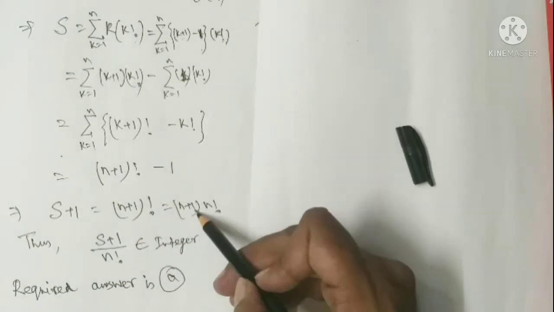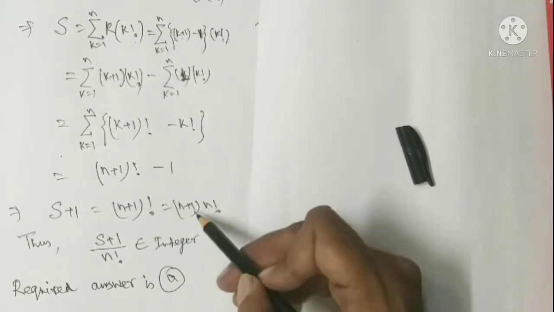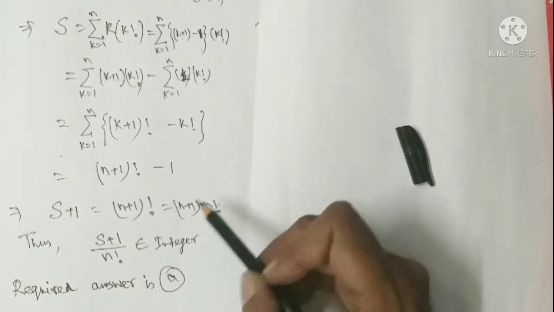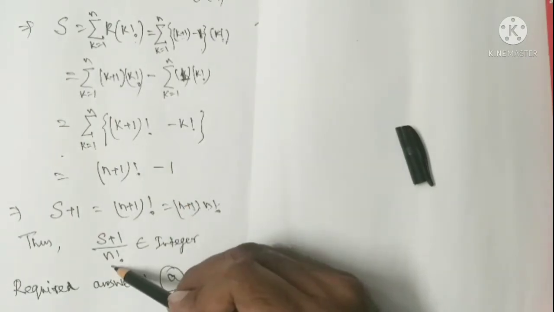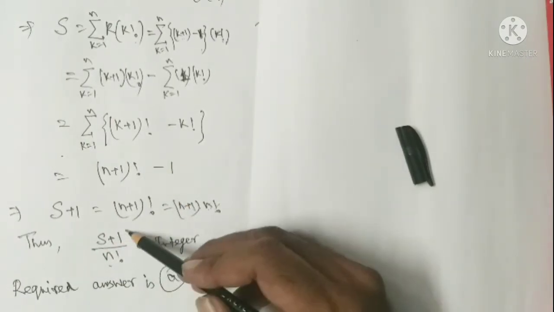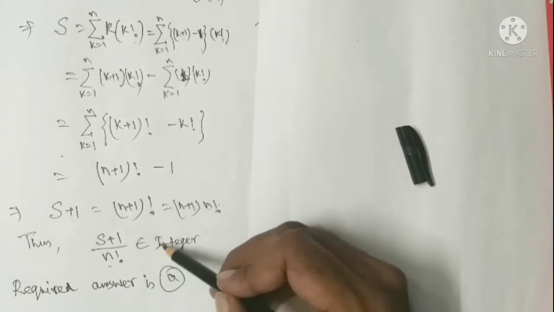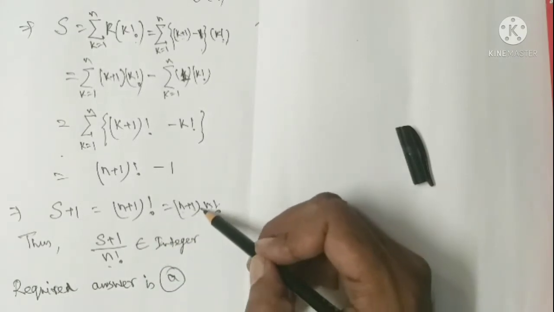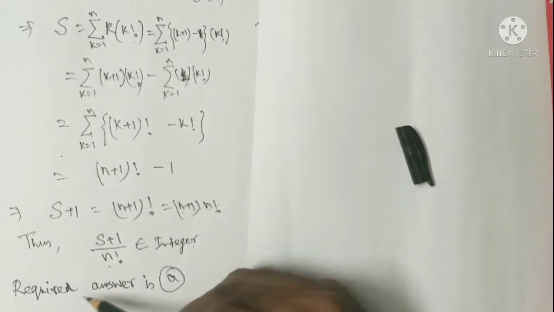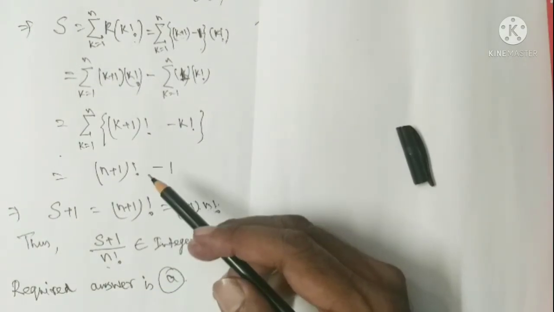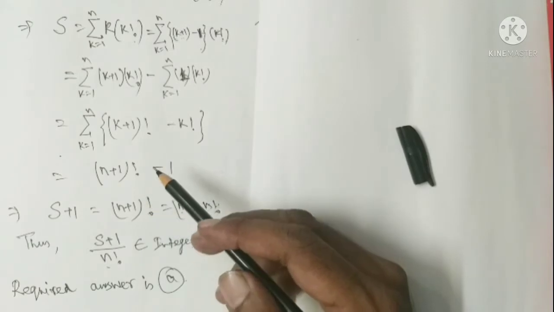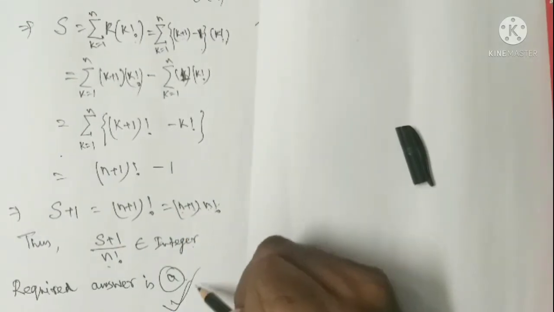Now (n plus 1) factorial is (n plus 1) into n factorial. Hence (S plus 1) by n factorial, which is in the question, becomes n plus 1. N plus 1 means integer. Then the required answer is A: (S plus 1) by n factorial belongs to integer. The answer is A.